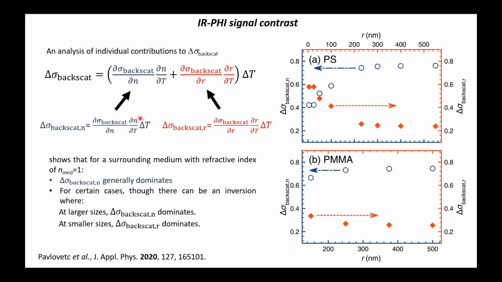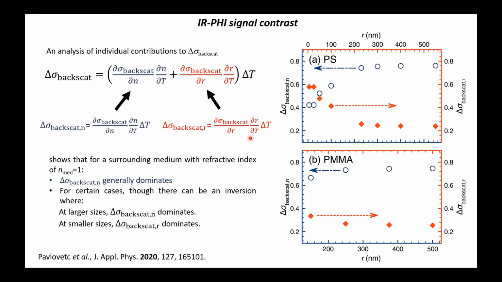But what was equally important for us is that we can see the relative contributions of these photothermal changes to backscattering cross sections, again in response to change in refractive index, the thermo-optical effect, and change in physical size or thermal expansion.